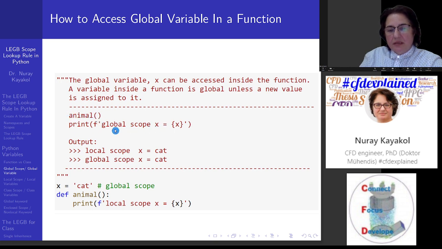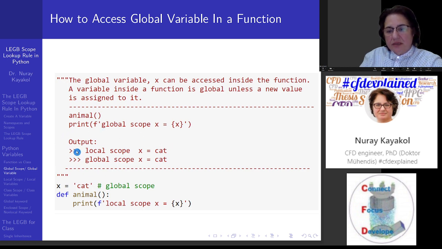So think that these two lines will be added to the bottom of this piece of code. When you execute this 5 lines piece of code, you will get this output.